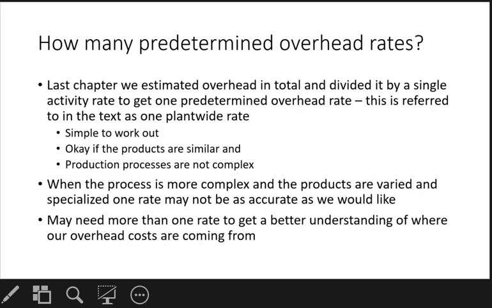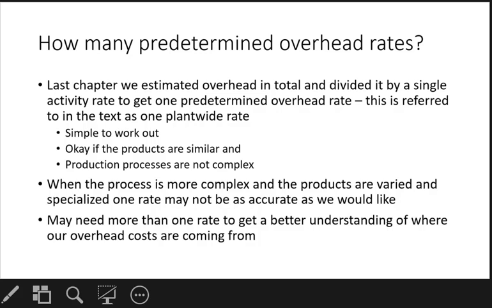So, how many predetermined overhead rates are you going to end up with? So, last chapter we estimated overhead in total. We looked at all the overhead in one big pile, if you will, and divided it by a single activity rate and got one predetermined overhead rate. In your textbook, this is referred to as the one plant-wide rate.